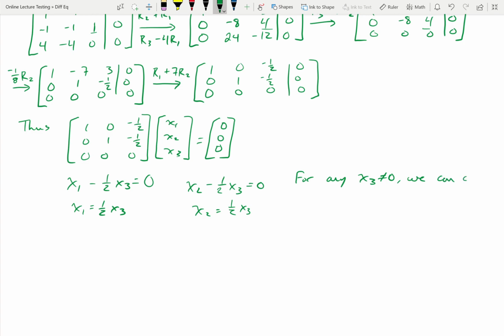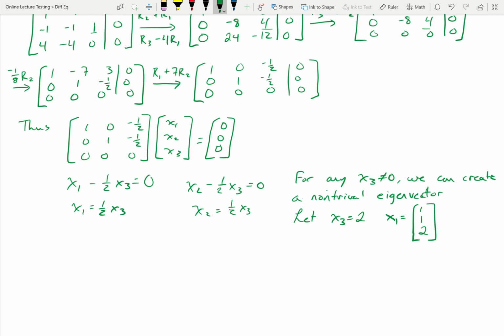We can create a non-trivial eigenvector. So for us, let x3 equal an easy value that we can calculate. We'll say x3 is equal to 2. So therefore, x1 is equal to 1, x2 is 1, and x3 is 2, so the eigenvector is 1, 1, 2.